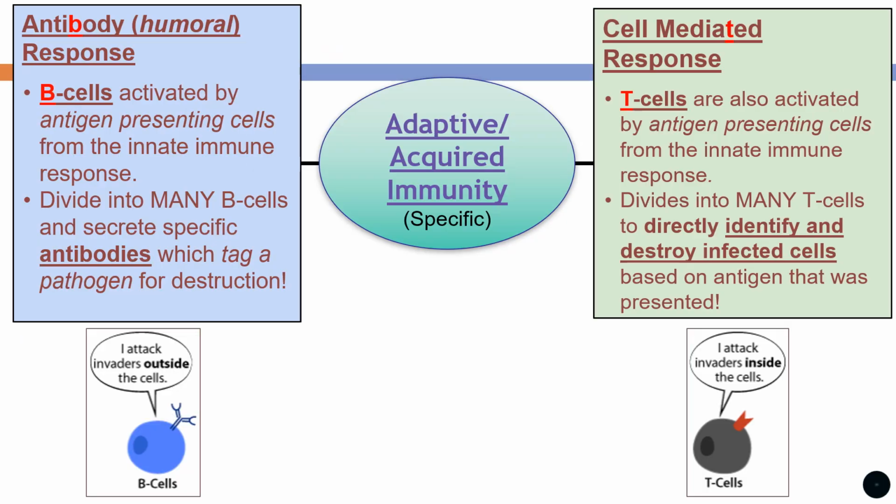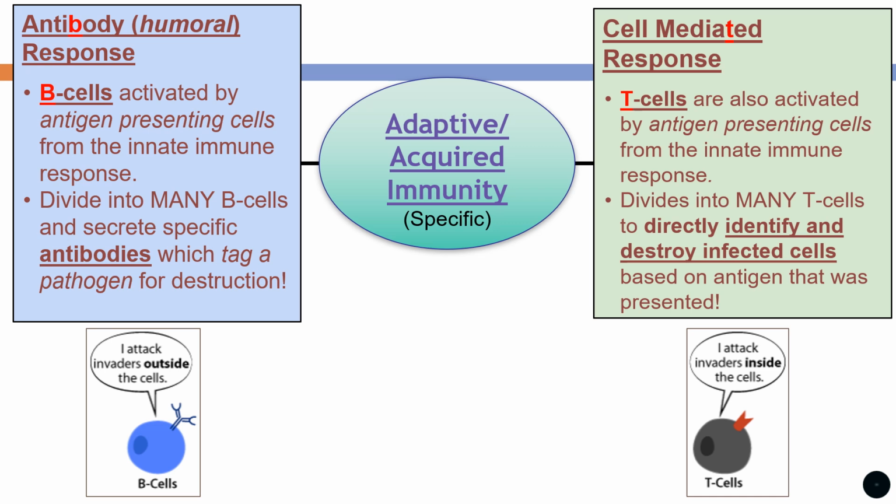We're going to talk about a few different kinds of responses in our adaptive or acquired immunity. Remember, this is our specific immunity. We have what we call an antibody or humoral response, and we have a cell-mediated response. In that antibody response, this is going to be primarily associated with B cells. These are going to be activated by the antigen-presenting cells from that innate immune response.